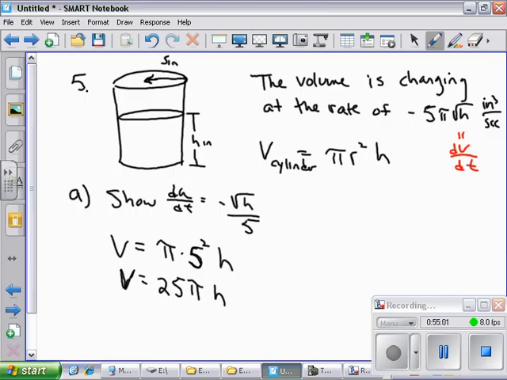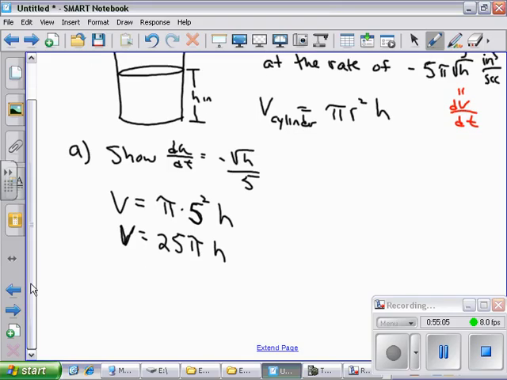You have the dV/dt, you want the dh/dt. This is a nice, easy question now. If you have the dV/dt and you want the dh/dt, what should you do to both sides? Take the derivative with respect to time. So we have dV/dt equals 25 pi dh/dt.